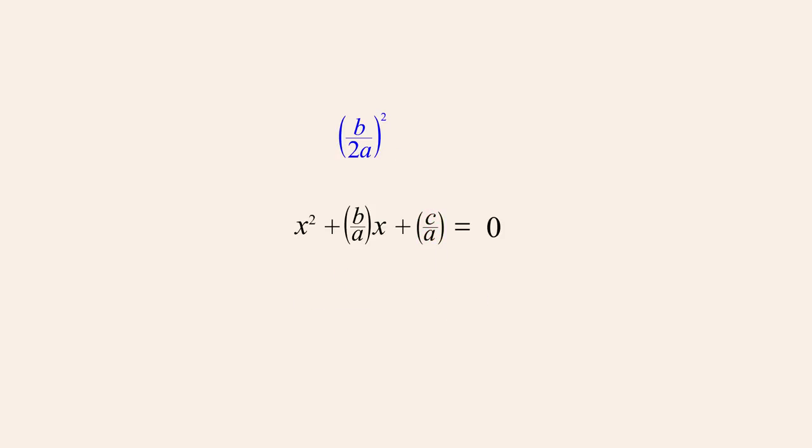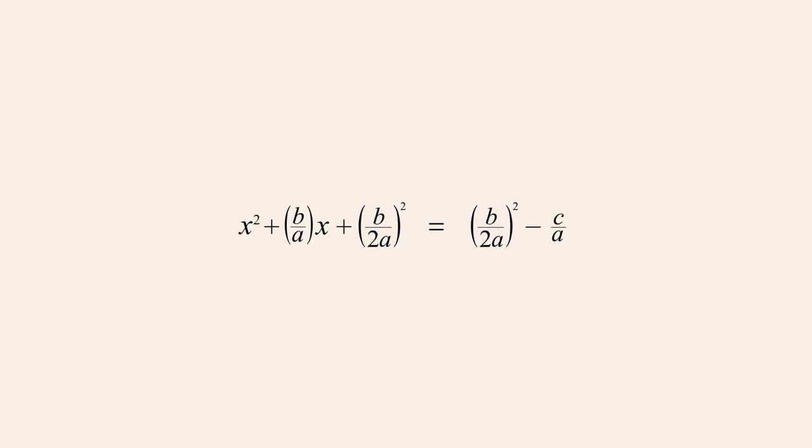As we also saw, the quadratic's constant term can be replaced with this value by first subtracting the constant term from both sides of the equation, and then adding the new constant value to both sides.